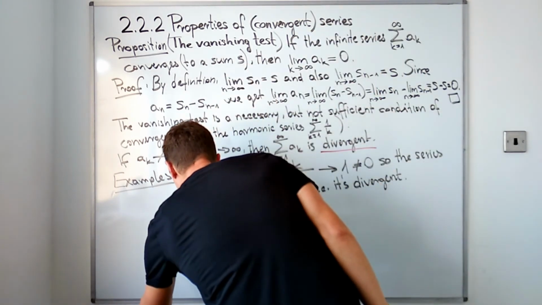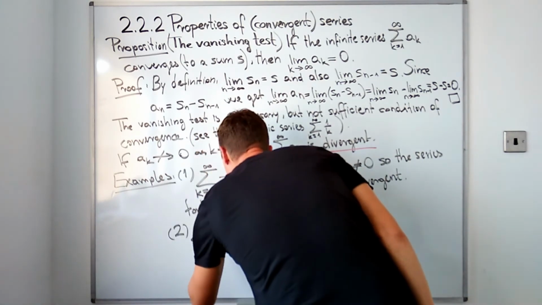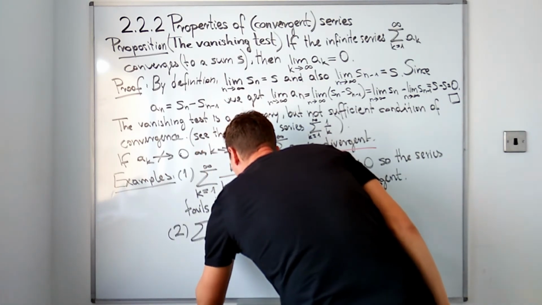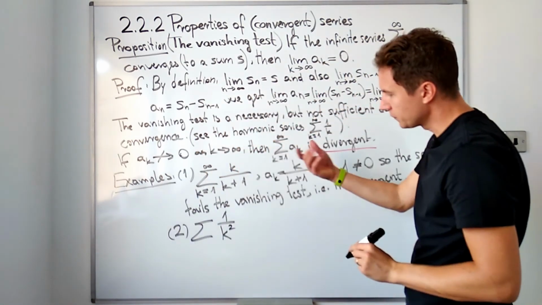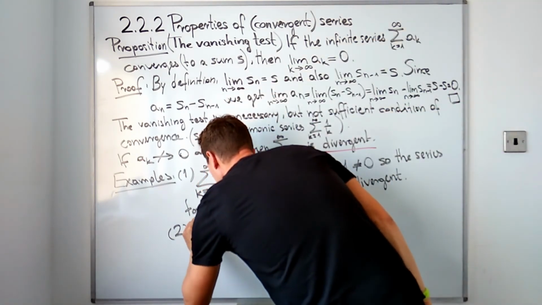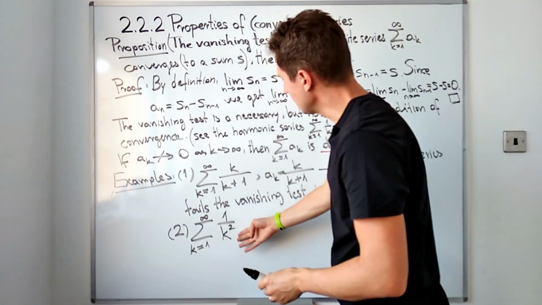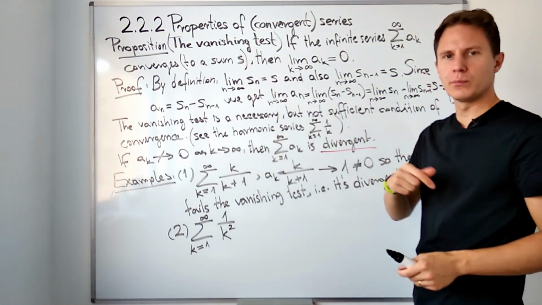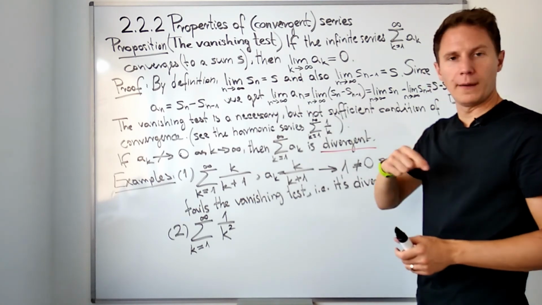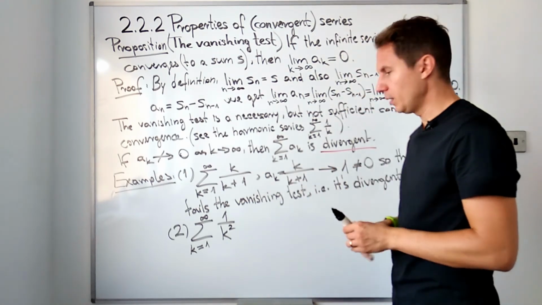Now for the next example, I want you to consider the sum of the reciprocals of square numbers, going from 1 to infinity. So what about this infinite series? Apply the vanishing test and choose the option that is correct below.